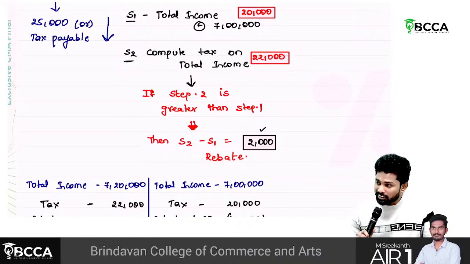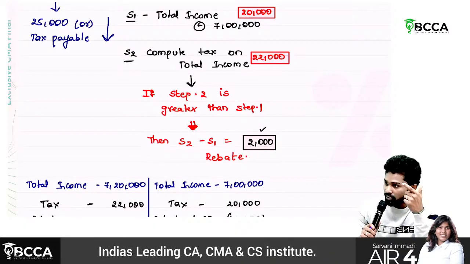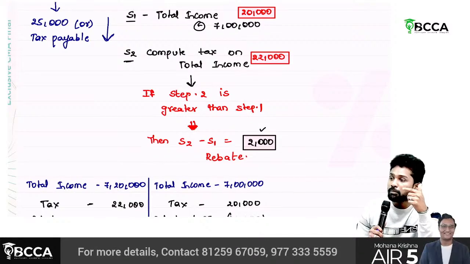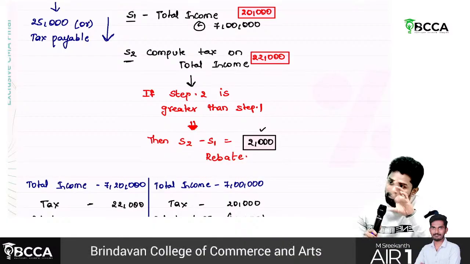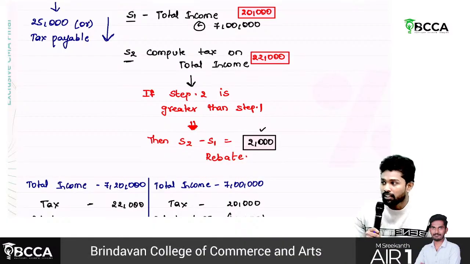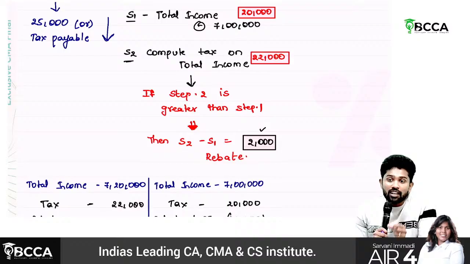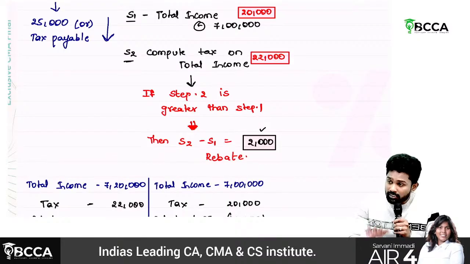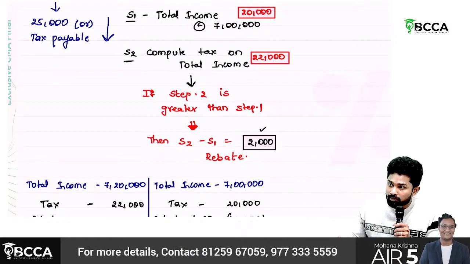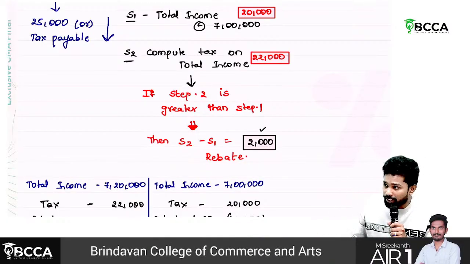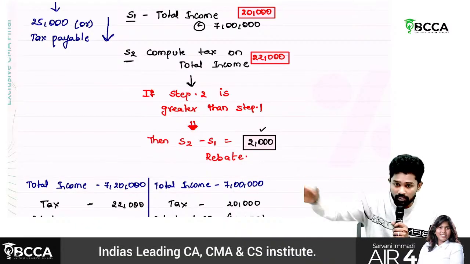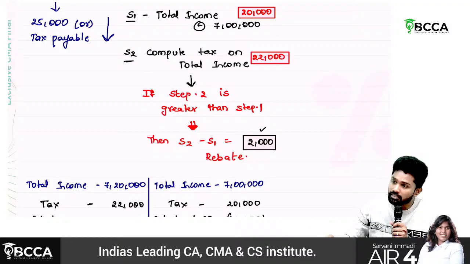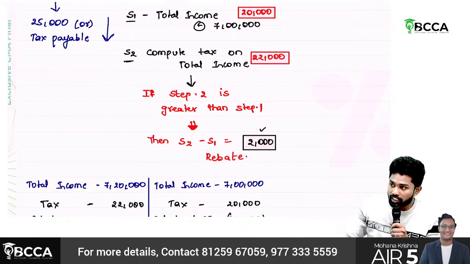Again, the incremental tax should not be more than the incremental income. There the surcharge is the factor which is impacting; here, rebate. That's why an additional rebate has been introduced. This concept is not there in the old regime. If such loss is there in the old regime, there is no counter rebate. Only in the new regime, from June 2024 exams only.